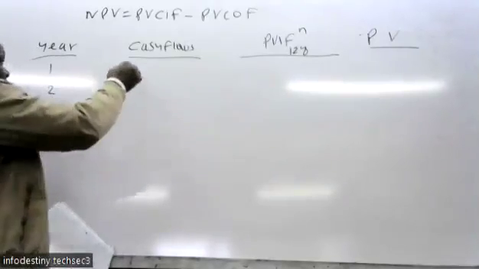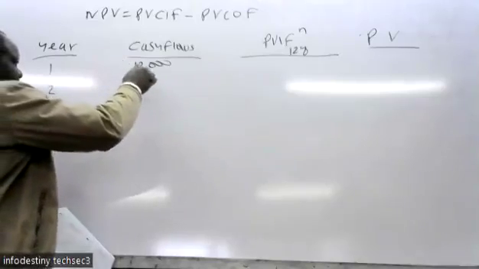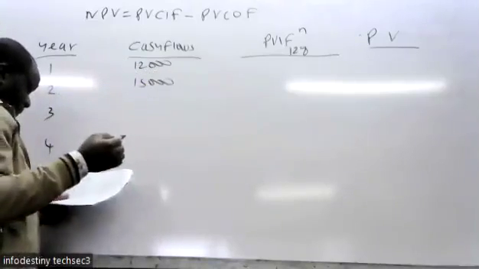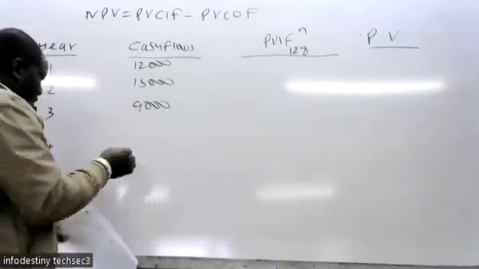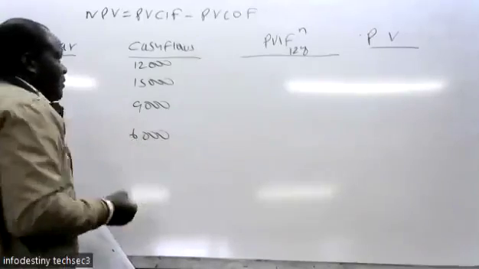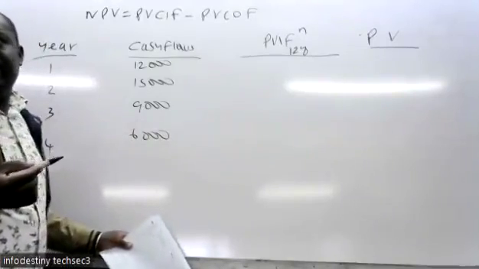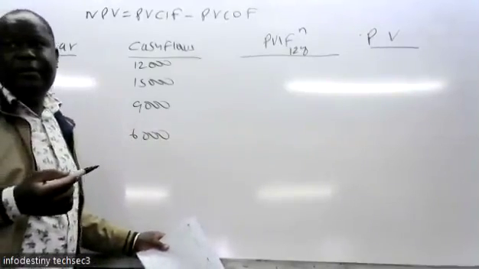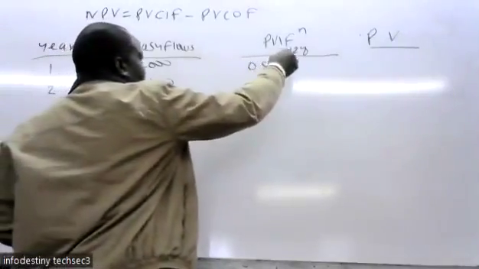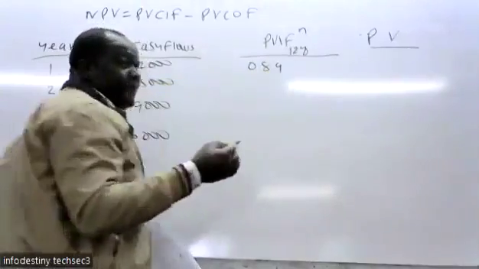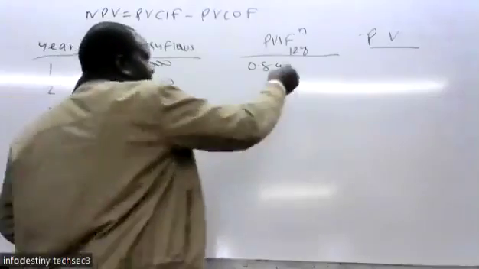So year 1, it is 12,000. Year 2, 15,000. Year 3, it is 9,000. Year 4, it is 6,000. So 12% for year 1, it was which year? 0.8929.